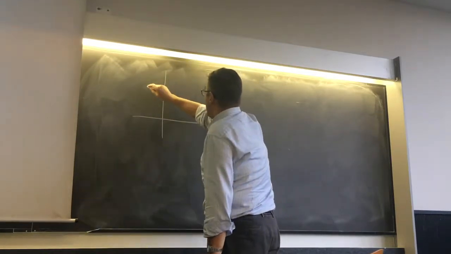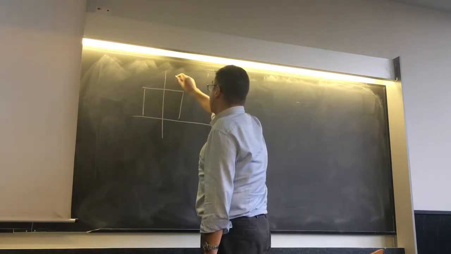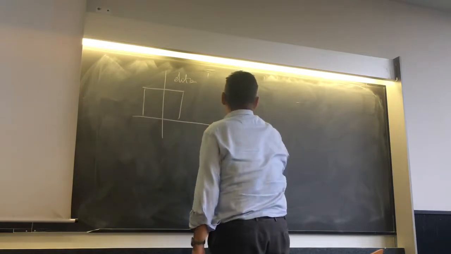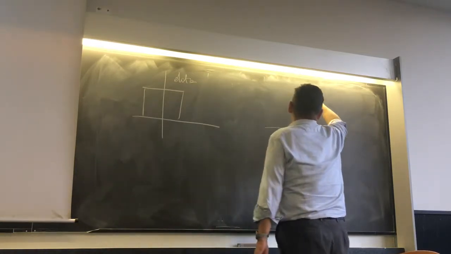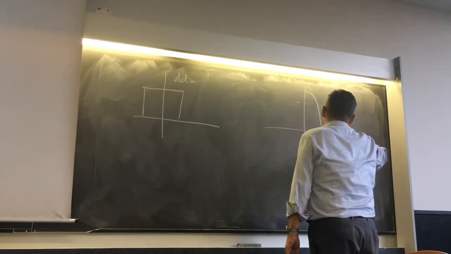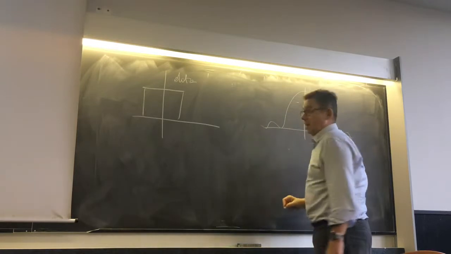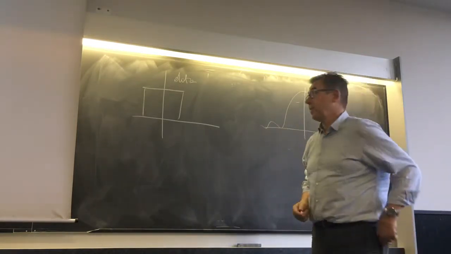If I take a rectangular window on the data, then on the power spectral density the bias is given by a sinc squared, because it's the power.